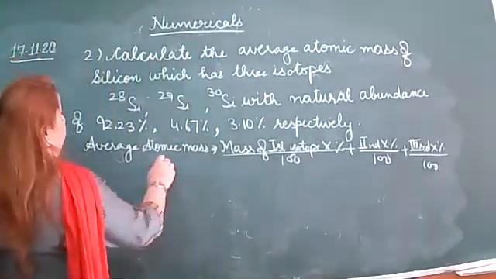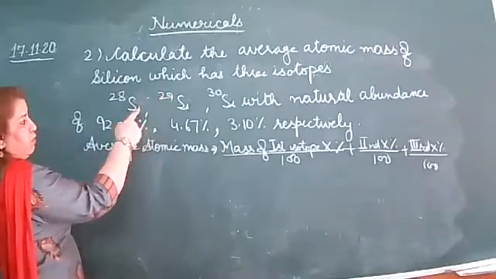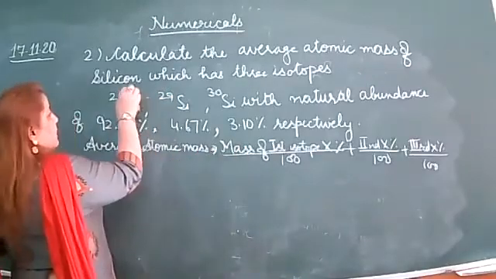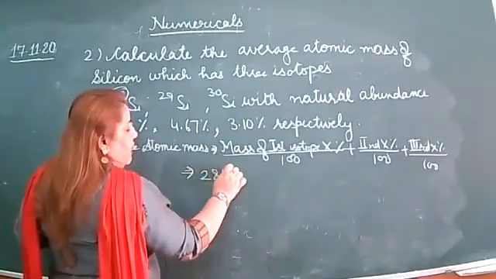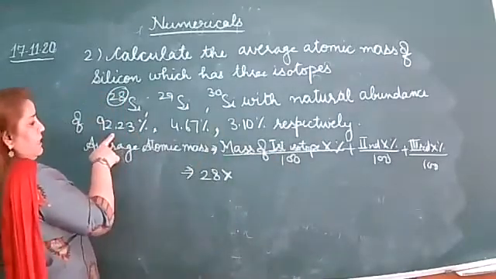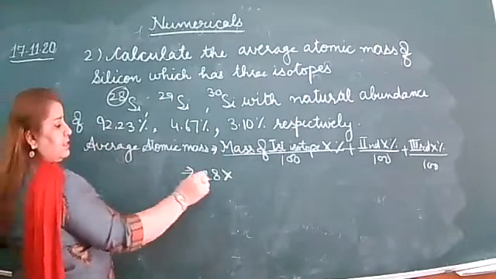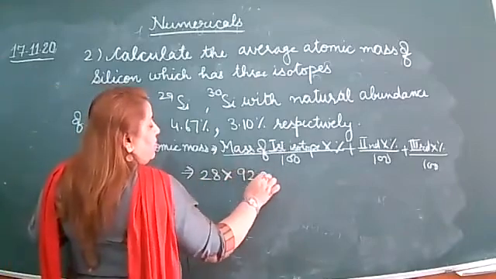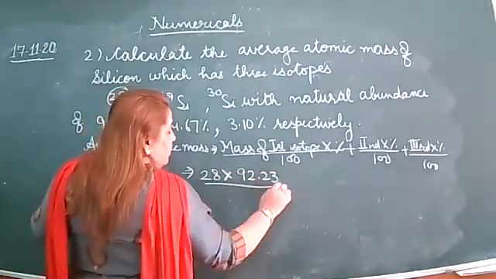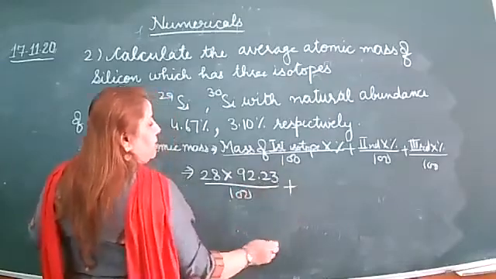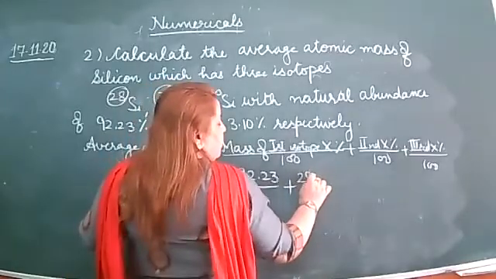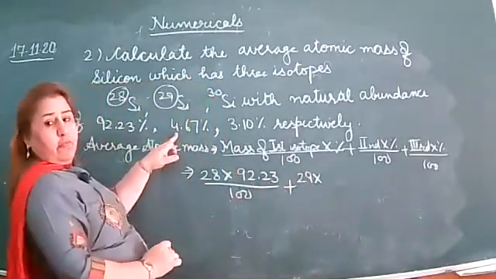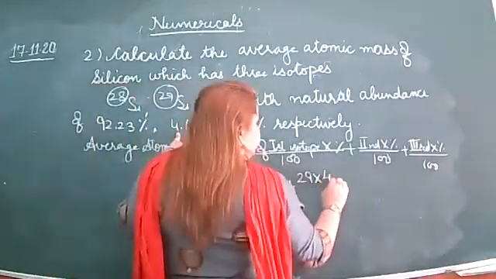Now we have to calculate the average atomic mass. Mass of the first isotope is 28. So we will write down 28 multiplied by the percentage. The first percentage given is 92.23 divided by 100, plus mass of second isotope 29 multiplied by percentage 4.67.